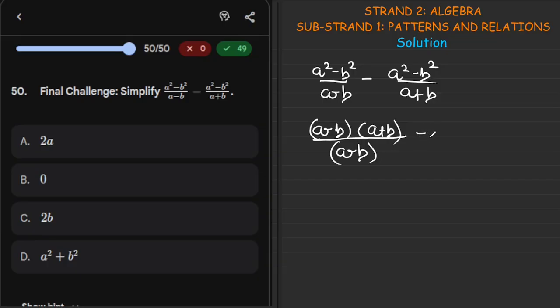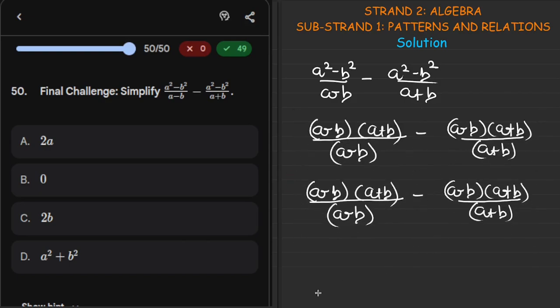For the second, we have a minus b once again, then a plus b, this time around all over a plus b. If we have to simplify, you'd realize that the denominators would cancel these ones we have here. So a minus b takes out a minus b, and a plus b also takes out a plus b.